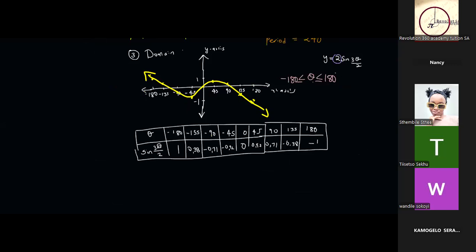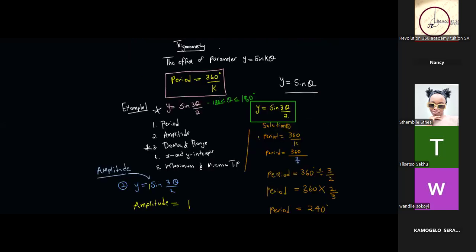So domain. When we speak about the domain, it's all possible values of x. So it will be x is an element of. Now mind you, you must be very careful when writing the domain, because if you write the domain without taking into consideration the restriction that you had from the original onset, then everything will become wrong.